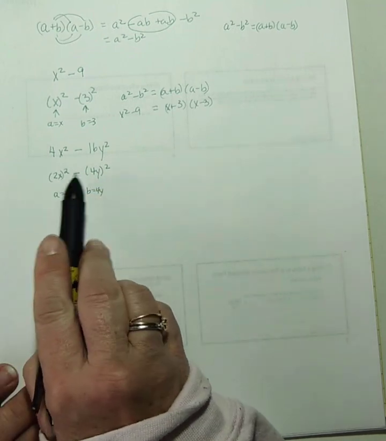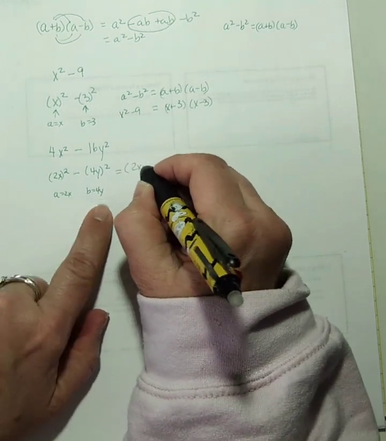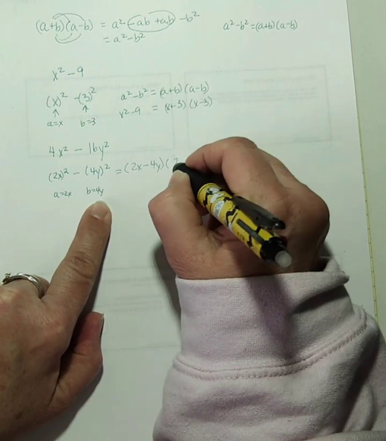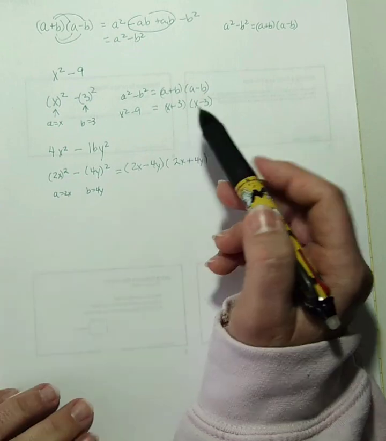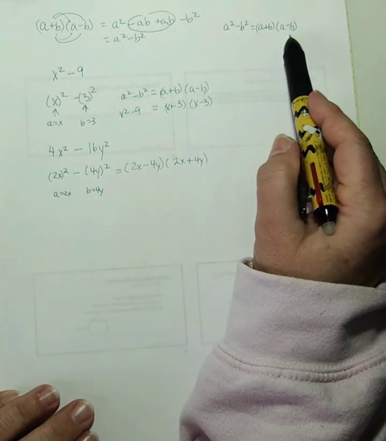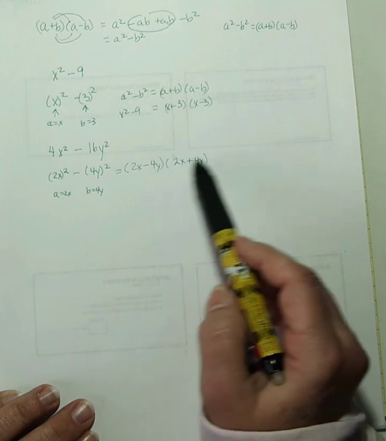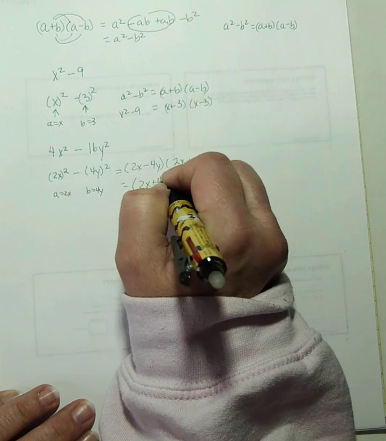So my A squared minus B squared equals A, which is 2x, minus B, which is 4y, times 2x plus 4y, my A plus B. So again, I could write it A plus B times A minus B, or A minus B, A plus B. Either one, I could have written it like this, or like this. They're both the same.